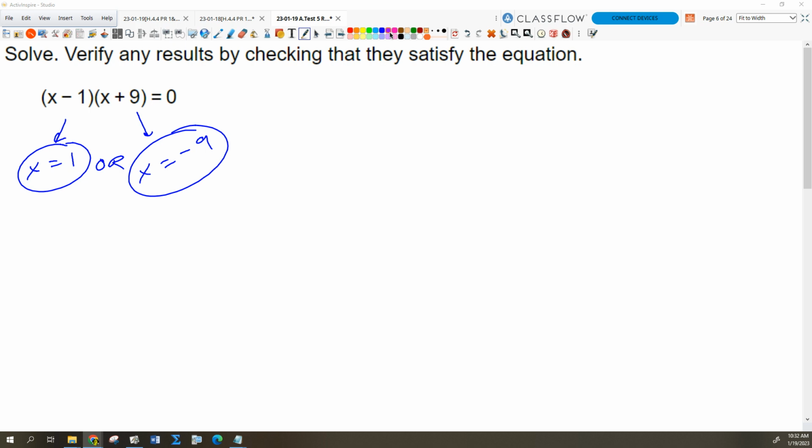And the reason that's happening is because of the zero product property, right? Which just means if I'm going to end up getting things that multiply to 0, the only way that can happen is when I multiply by 0.